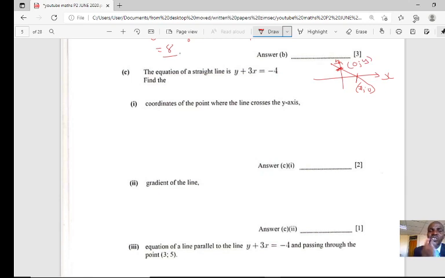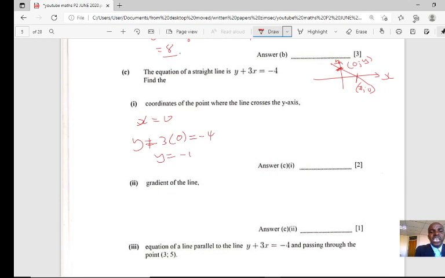Then let's look at the equation of the straight line: y plus 3x is equal to minus 4. Find the coordinates of the point where the line crosses the y-axis. So we just put x as 0. Then you find your y coordinate. So x is equal to 0 along the y-axis. It will be y plus, let me just put it as it is, then where there is x, you put 0, is equal to minus 4.